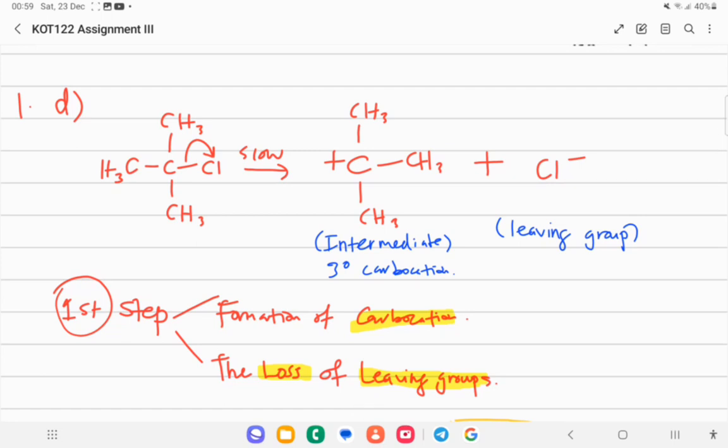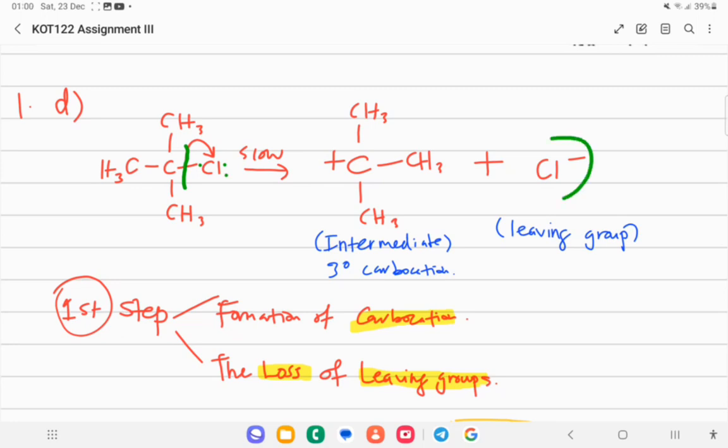The first thing that happens is the bond between the carbon and the chlorine, the halide atom, will break, and the bond will be taken by the chlorine atom as a lone pair.